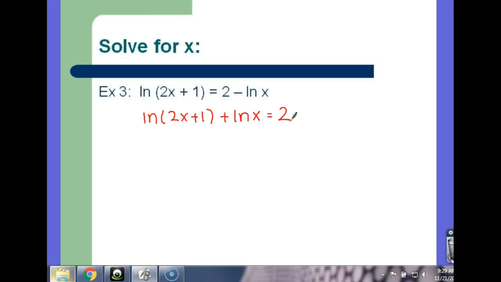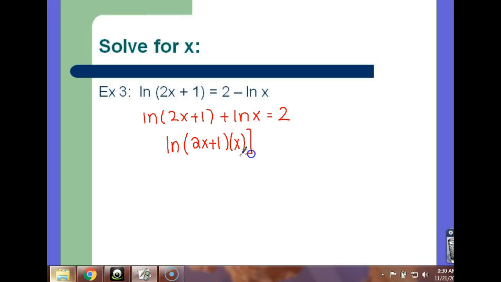And then we need to use our expanding and contracting property to say that addition of 2 natural logs becomes multiplication, so that you get the ln of 2x plus 1 times x, all inside my ln, equaling 2.